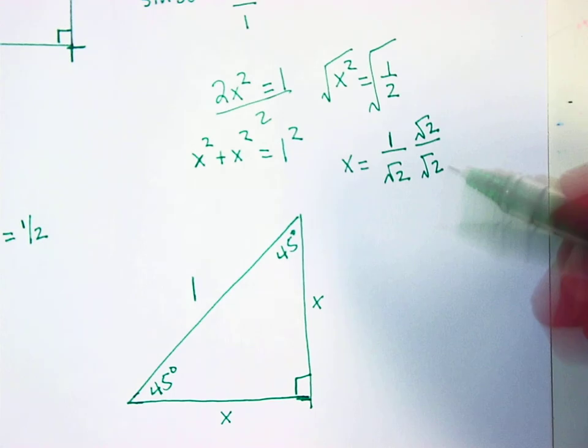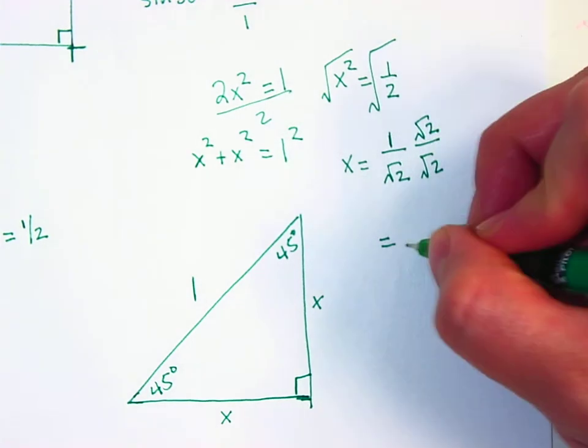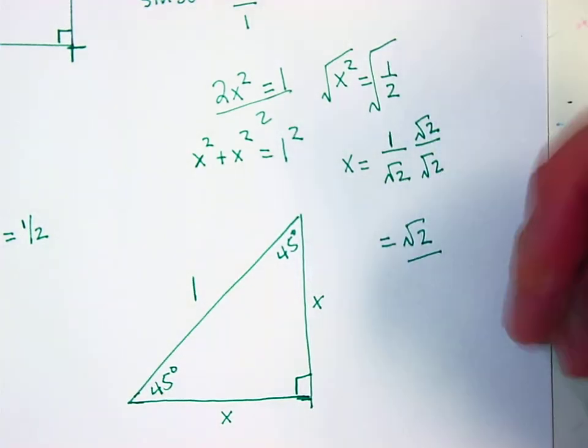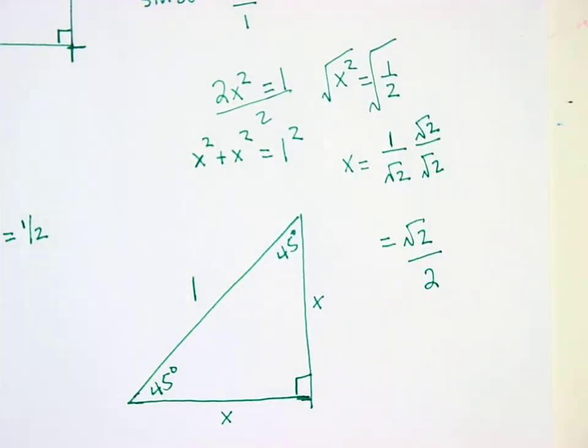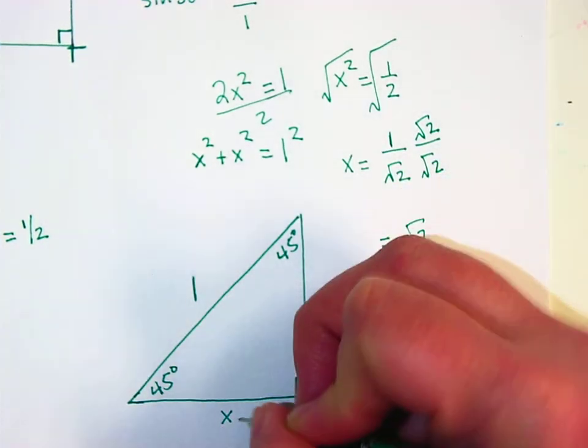That's 1 right there, so I'm not really changing it at all. So if I multiply, I get 1 times the square root of 2 is the square root of 2, and the square root of 2 times the square root of 2 is the square root of 4, which is just 2. So you see how that gets rid of that square root on the bottom? And that trick always works. So each side here is the square root of 2 over 2.